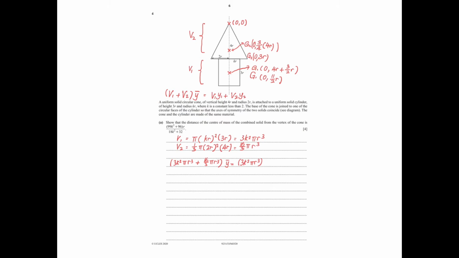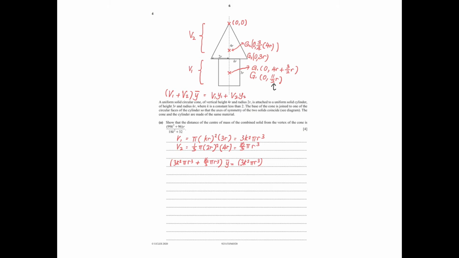If you are wondering what Y1 is, Y1 is the y coordinate of the center of mass of the cylinder, which is 11 over 2 r.